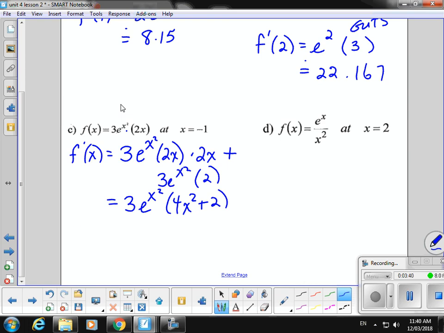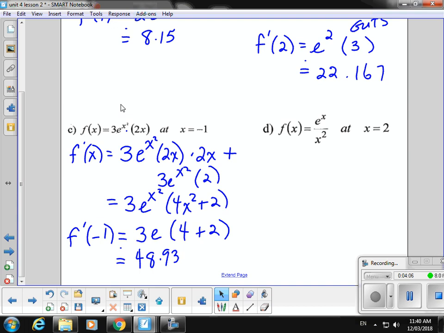Anyway, if I want to know the slope of the tangent when x equals -1, I would have 3e, -1 squared is 1, times 4 times -1 squared is 4, plus 2, which is 6. I need a calculator for that. I get approximately 48.93.